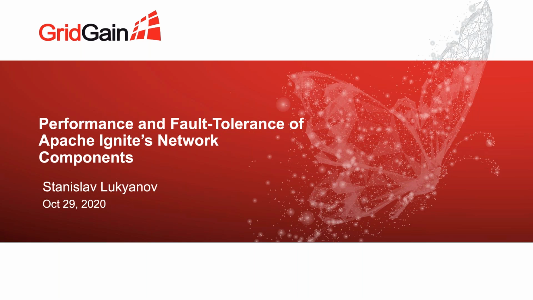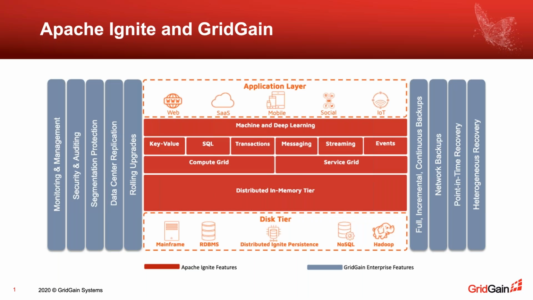And first of all, for those of you who are not familiar with Apache Ignite, it is an in-memory database and distributed in-memory database with a lot of functions which are all illustrated here.